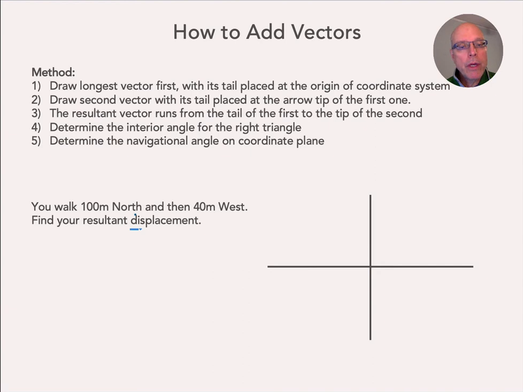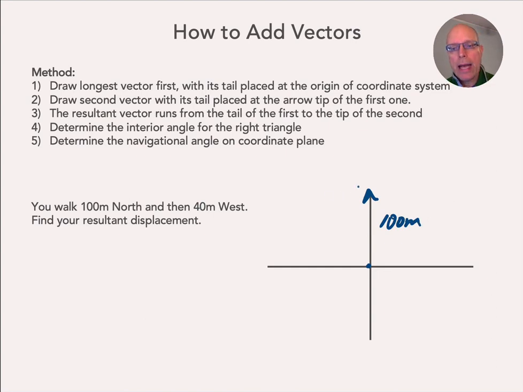So you walk 100 meters north and then 40 meters west. This is how you add vectors. So we've got the first one, the long one, I draw first, and I'm going to borrow this part of the coordinate axis and just put a hat on it. And what that represents is the 100 meters north. So it starts here and then works its way straight up to represent north. And I'm going to put the number 100 meters on it.